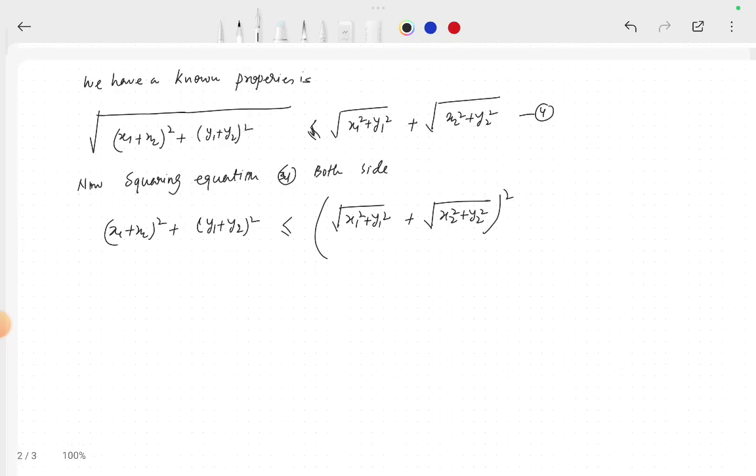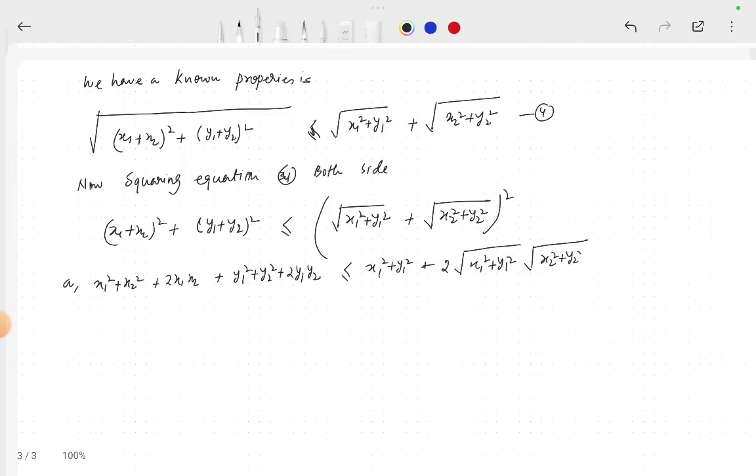Expanding, we get x1 square plus x2 square plus 2x1x2 plus y1 square plus y2 square plus 2y1y2, less than or equal to x1 square plus y1 square plus 2 times root under x1 square plus y1 square times root under x2 square plus y2 square, plus x2 square plus y2 square.